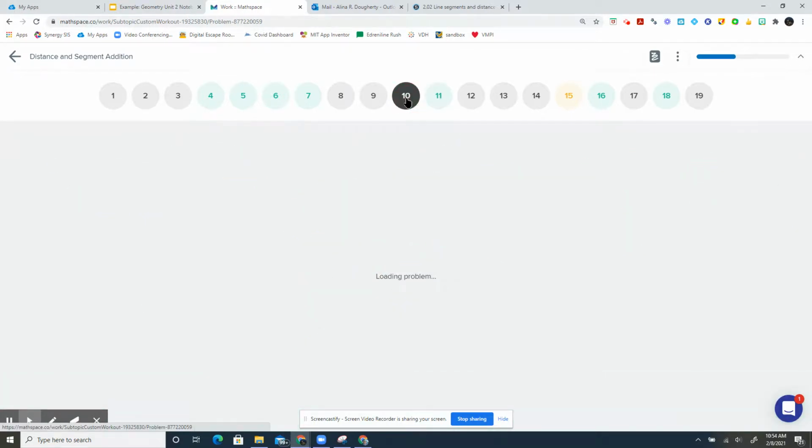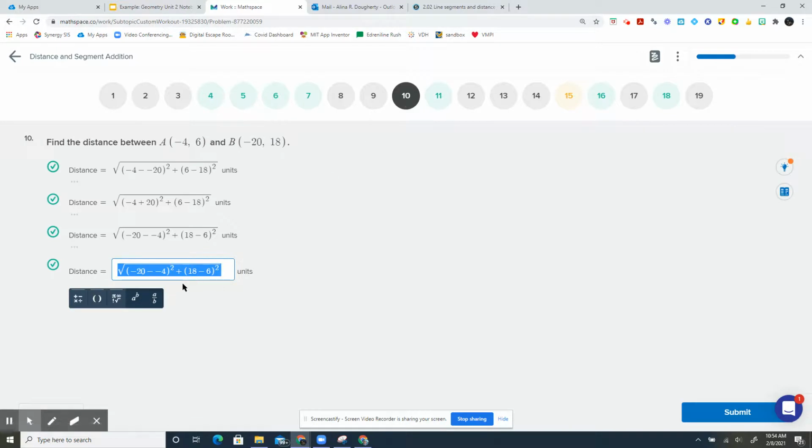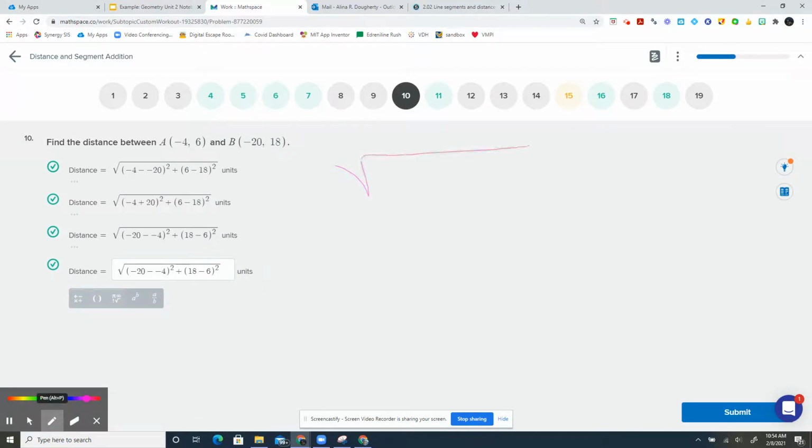Nice. Let's go back to 10 and see if that is the way they wanted me to do that. So we had the square root of 20 minus -4 was 16 squared, plus 18 minus 6 is 12 squared. I'm reaching for my calculator.